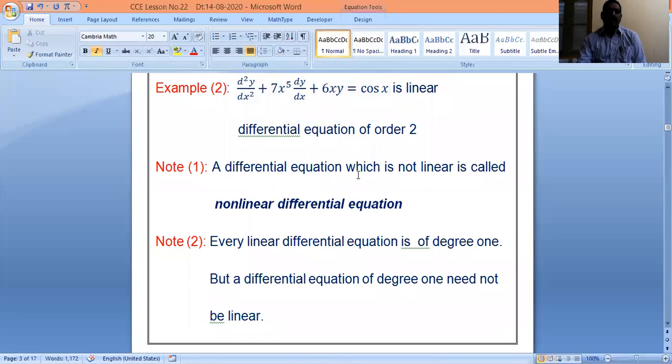A differential equation which is not linear is called a non-linear differential equation. Every linear differential equation is of degree 1, but a differential equation of degree 1 need not be linear.